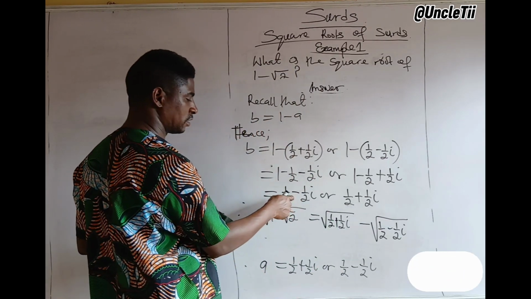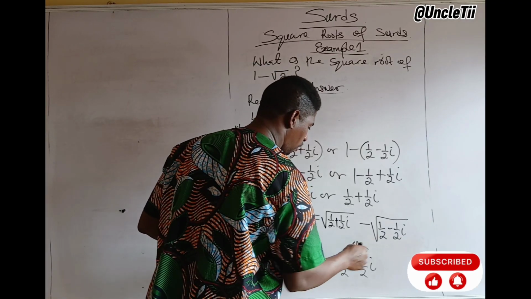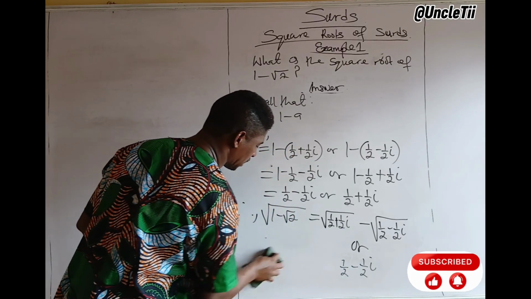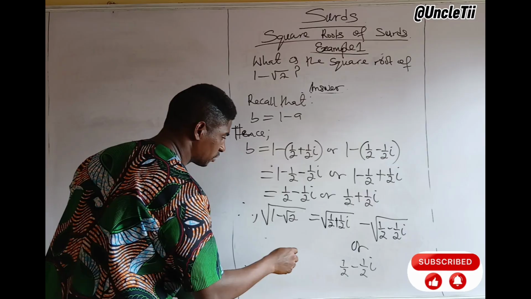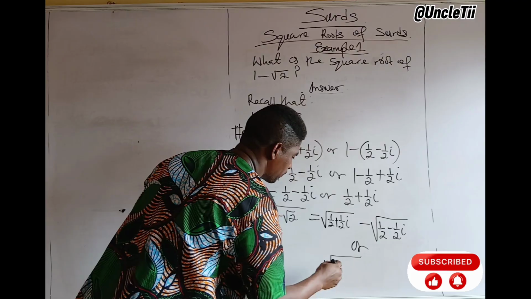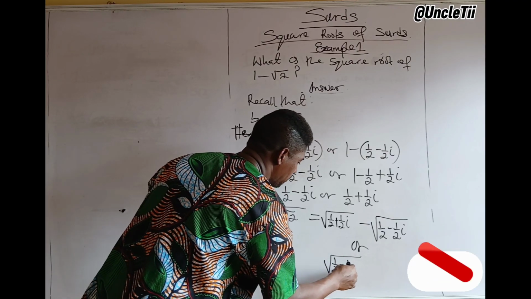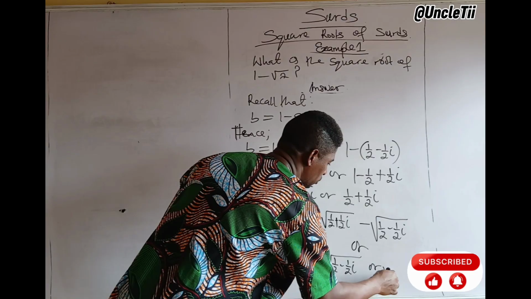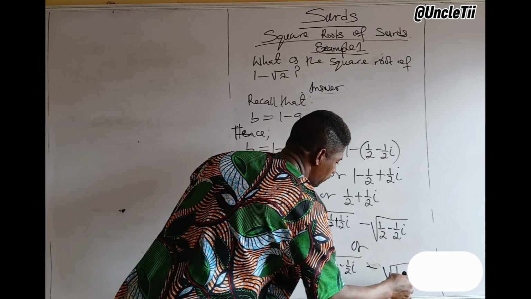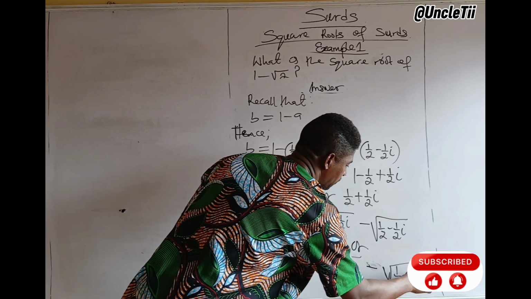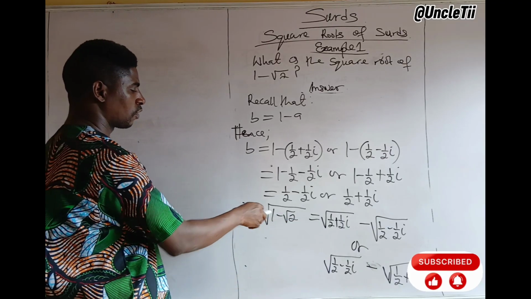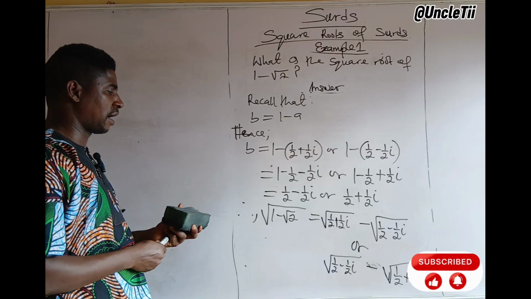This is the A that produced that B. Or we take the second set of values, which is merely an alternation, and that will give us square root of half minus half i, or minus square root of half plus half i. So this or that is the square root of 1 minus half.